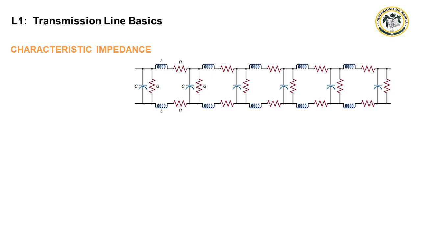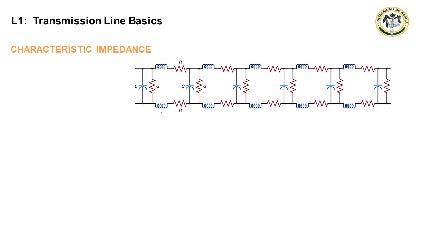In addition, there is a shunt or leakage resistance or conductance across the cable as the result of imperfections in the insulation between the conductors. The result is that to a high frequency signal, the transmission line appears as a distributed low pass filter, consisting of series inductors and resistors and shunt capacitors and resistors in this figure.